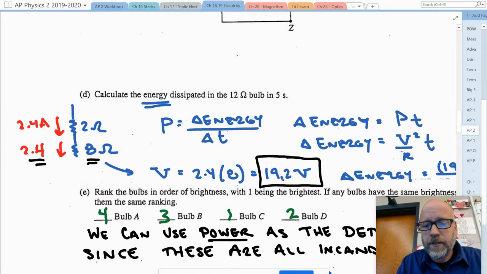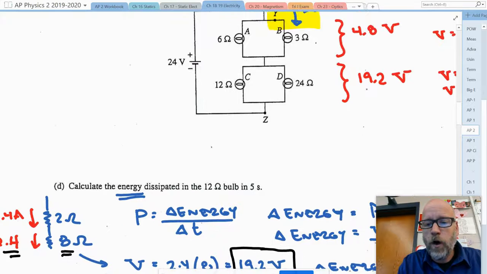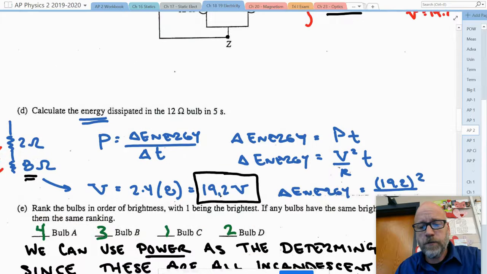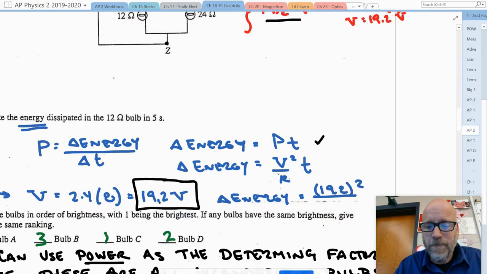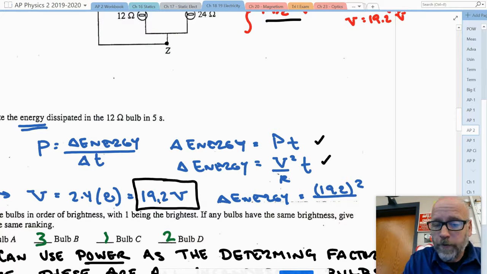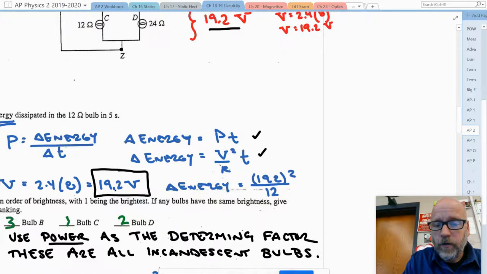So that means there's a 19.2 voltage drop across the 12 ohm resistor. So then, to find the change in energy is power times time, V squared over R times time.